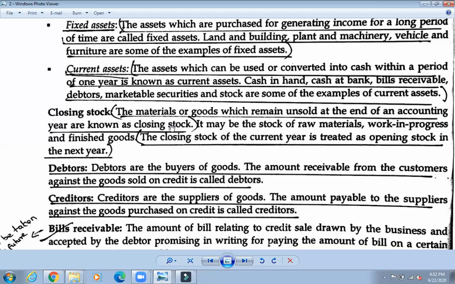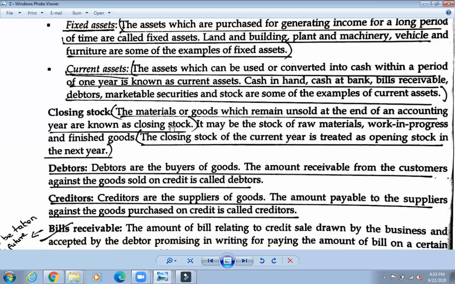Suppose it is made in Chaitra, it can be sold in Baisakh, isn't it? Just a one month difference, but the year has changed. So it can be sold next year also.